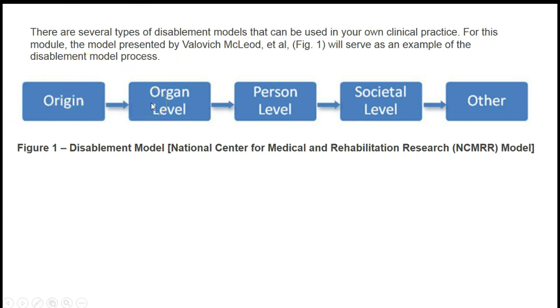The next component is what we would call the organ level. The organ level encompasses both clinician and patient-based measures. And this really helps us determine the impairment. In other words, what we're doing is identifying the body system that is impaired. And that will help us figure out what our treatment options are going to be.